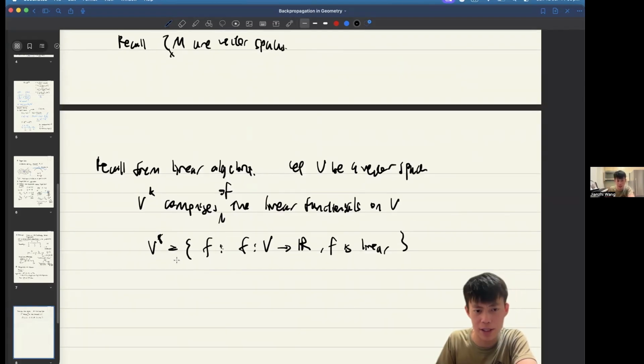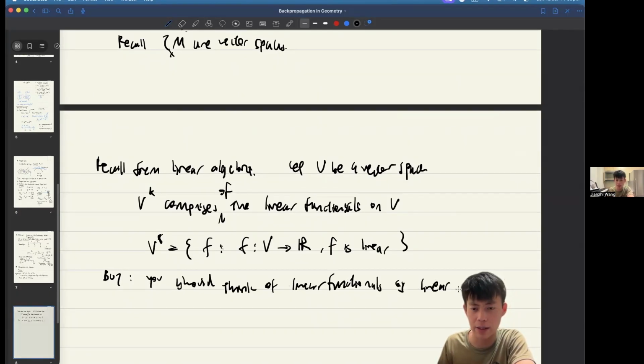I think when I was first learning linear algebra, it took me quite a long time to get this concept. But in the machine learning paradigm, or even in the linear algebra paradigm, you should think of linear functionals as linear scoring or measuring functions.